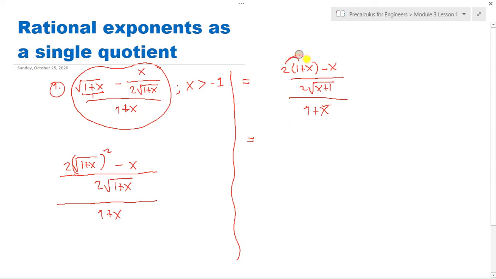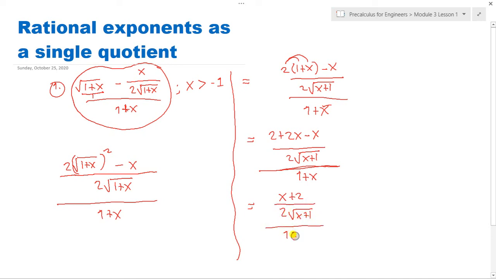Distribute 2 here on the parenthesis. So we have 2 plus 2x minus x all over 2 square root of x plus 1, all over 1 plus x. This is the big all over. Then 2x minus x is equal to just x. So x plus 2 all over 2 square root of x plus 1, all over 1 plus x.